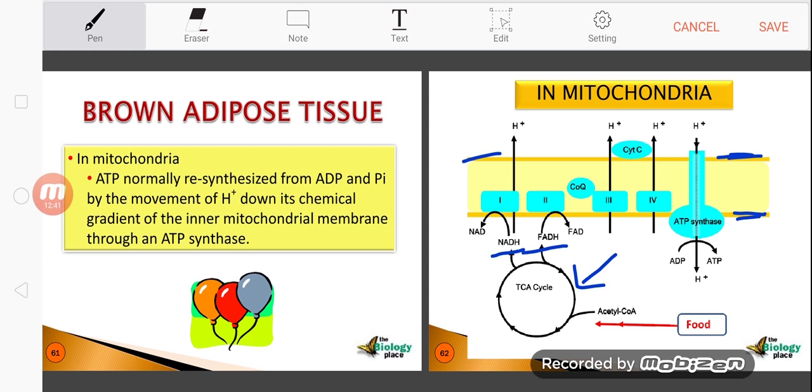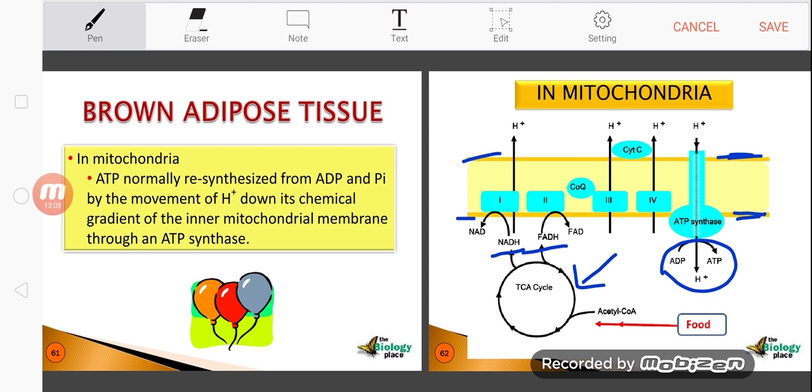So when this NADH and FADH2 undergo this chain of oxidative phosphorylation, eventually they produce ATP. This is the biochemistry in terms of cellular metabolism or cellular respiration.